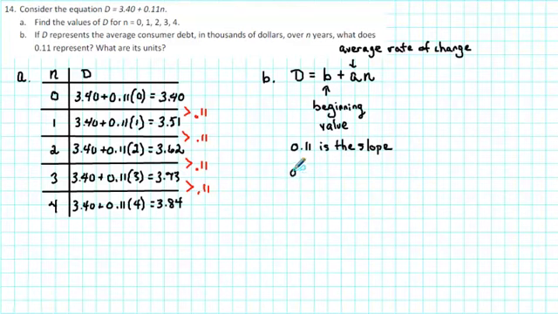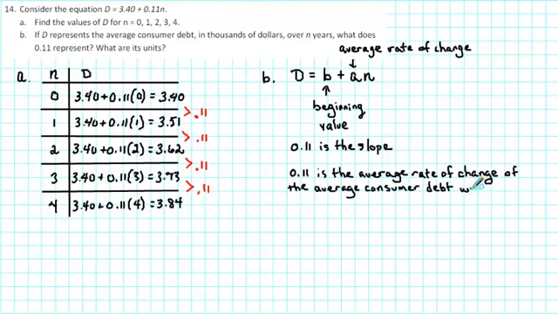So 0.11 is the average rate of change of the average consumer debt with respect to time. And what exactly does that mean? Well, in our chart we see that what it means is that the average consumer debt is increasing by 0.11 thousands of dollars per year.